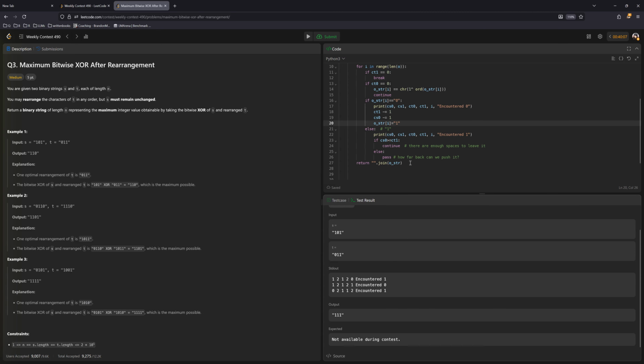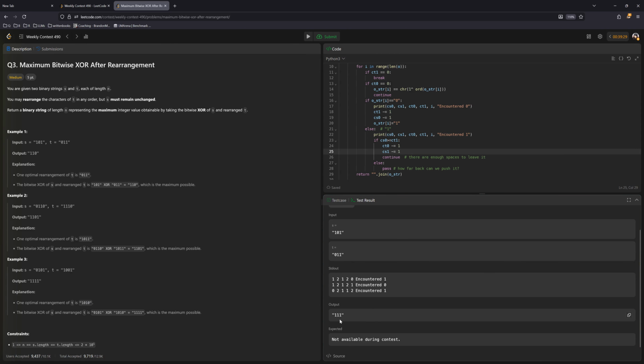It's not decrementing properly. That's it. CT of 0 minus equals 1, right? And CS of 1 minus equals 1. So we consume the 0, we consume the 1.